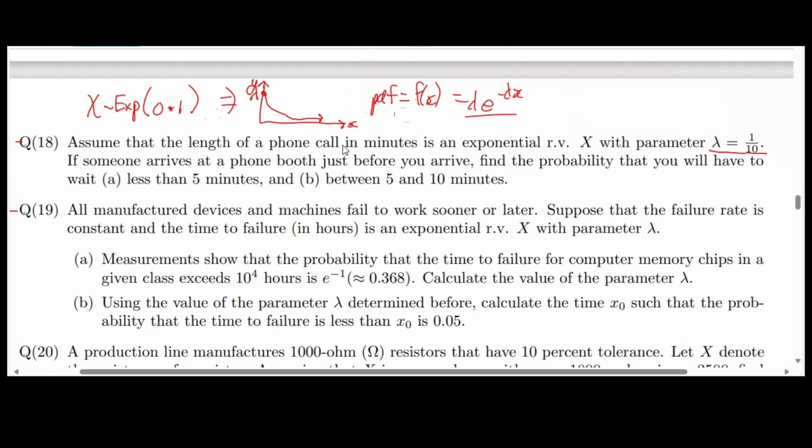This is how it looks visually. So the question asks is less than 5 minutes. Anytime they give you less than and all these sorts of things, they are basically talking about the CDF. They're not really hiding it too much.